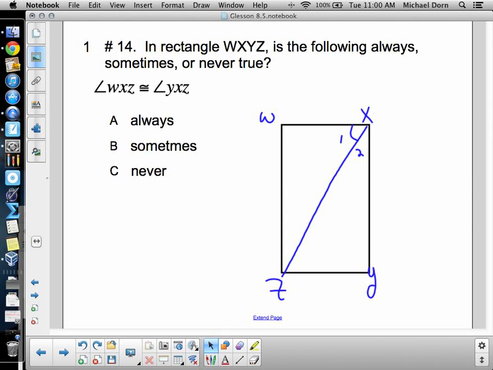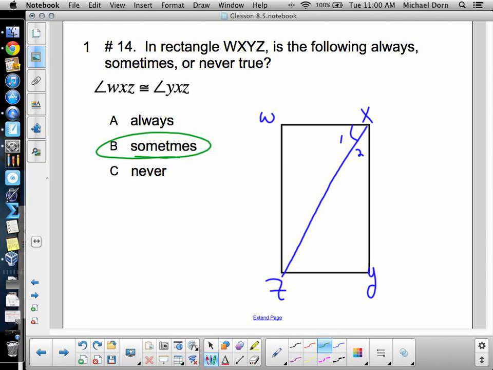Is there any type of rectangle we could have where they are congruent? What would that rectangle look like? A square. It'd be also a rhombus, wouldn't it? So it could be congruent if it was a square. So my answer is sometimes. Sometimes, yes.